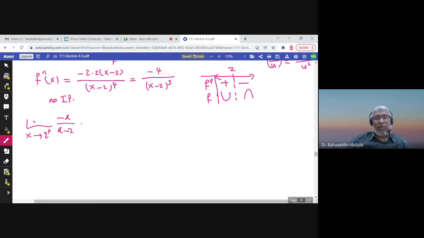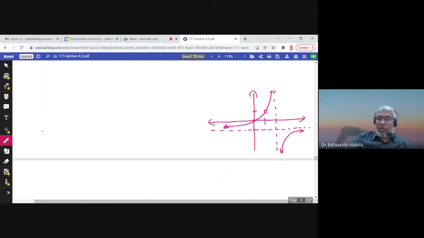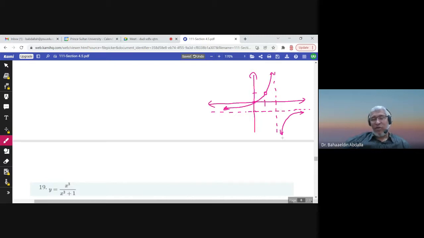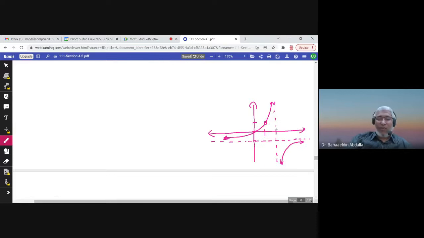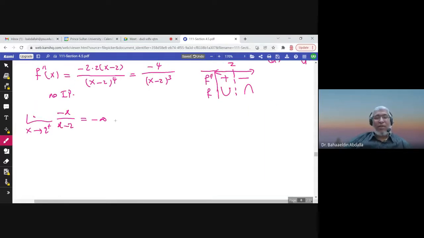Since 2 is a vertical asymptote, you remember we should always find this limit. So what would happen if I replace x by 2.1? This would be positive, this would be negative. So when you approach 2 from the right, the graph goes to negative infinity. Now I am sure of my graph, okay? And what is the limit when x approaches 2 from the left? From the left, 1.9, this would be negative, this would be negative, it will go to infinity.